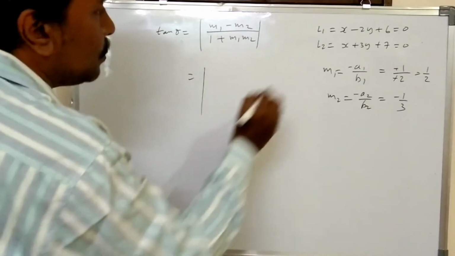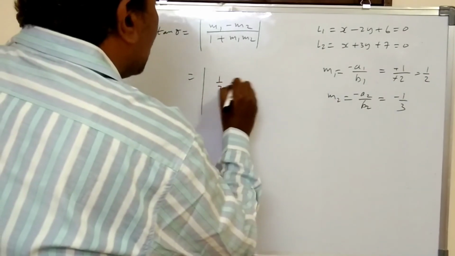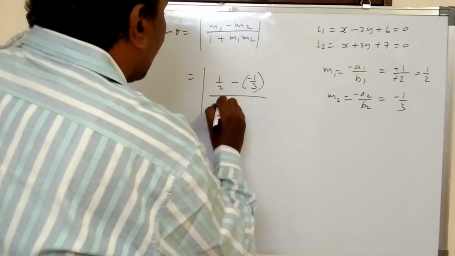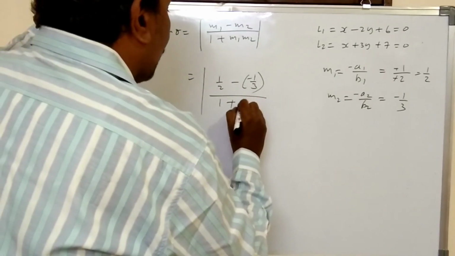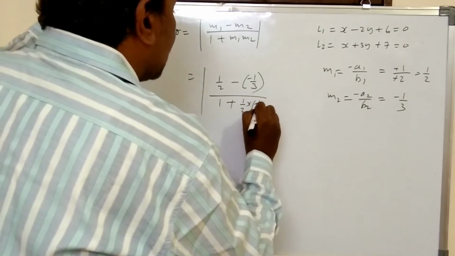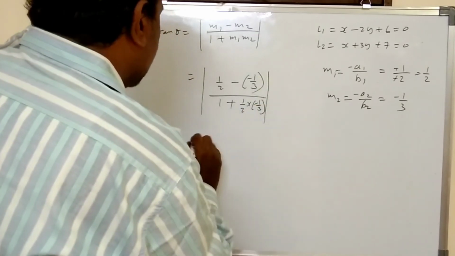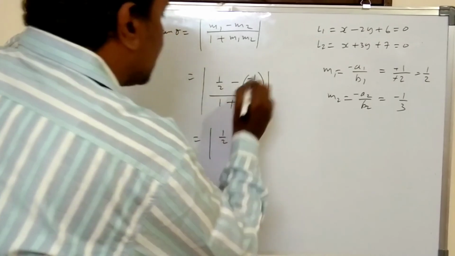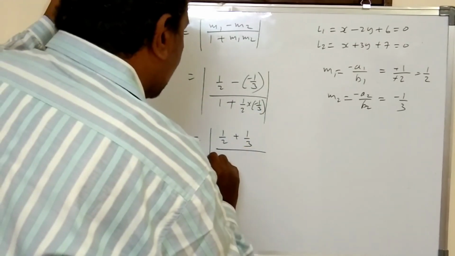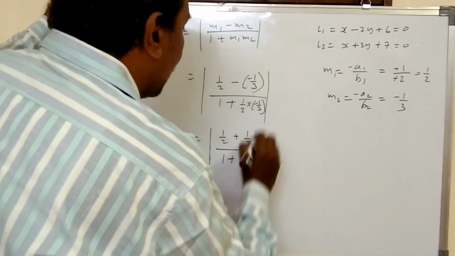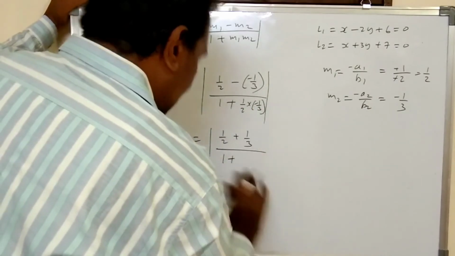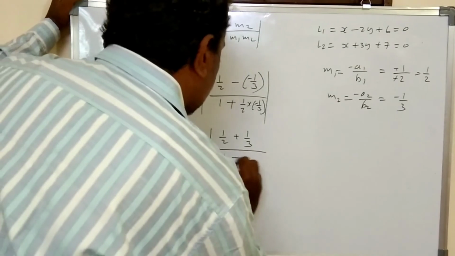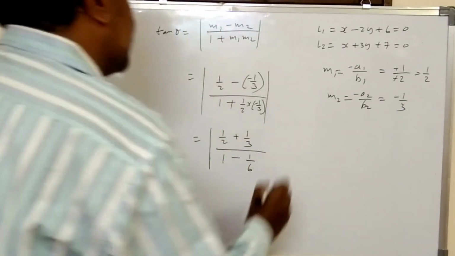That is equal to 1 by 2 minus of minus 1 by 3, by 1 plus M1 M2, 1 by 2 into minus 1 by 3. Isn't it? That is equal to 1 by 2 plus 1 by 3, minus of minus is plus, by 1 plus of minus, here you will get minus, that is equal to minus 1 by 6.